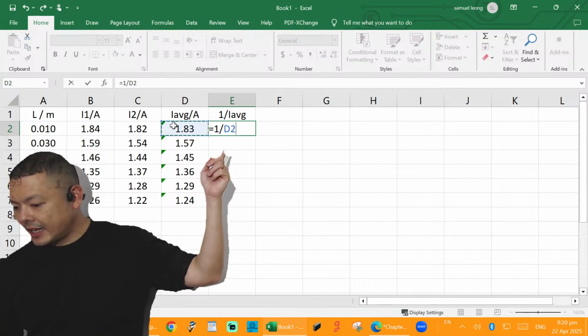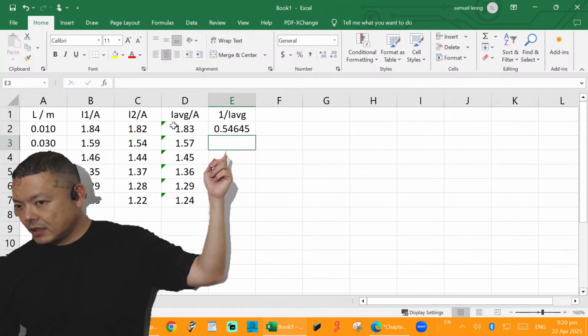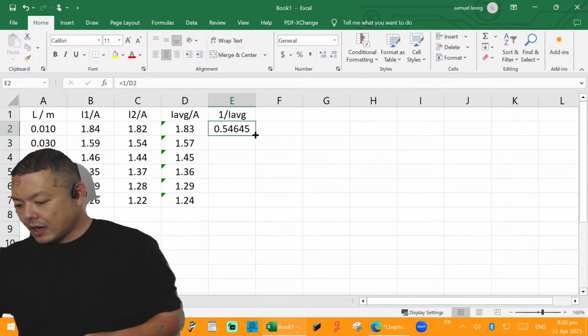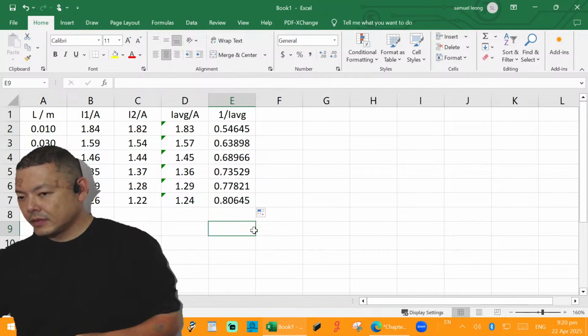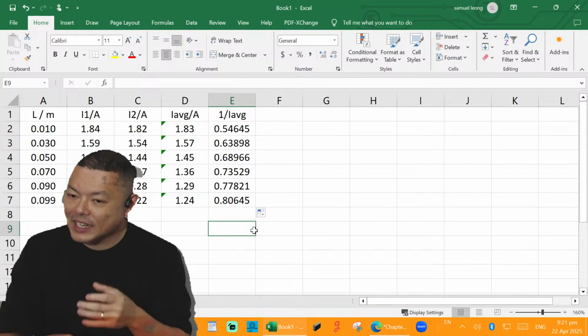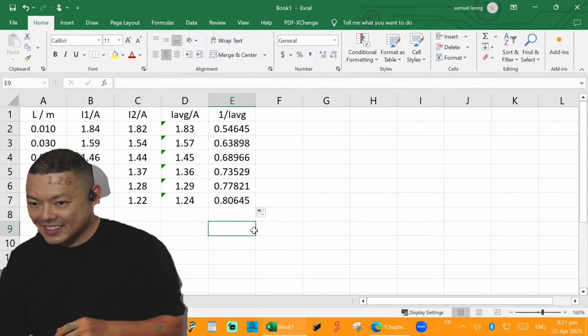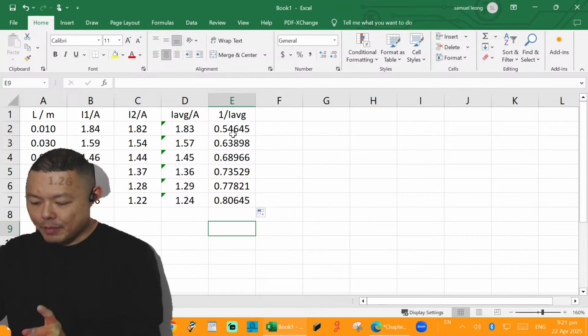Understand? Then I hit enter. Then after that, click and drag everything down. Then you don't have to calculate anymore. That's why it's only 15 minutes. But here's the thing.